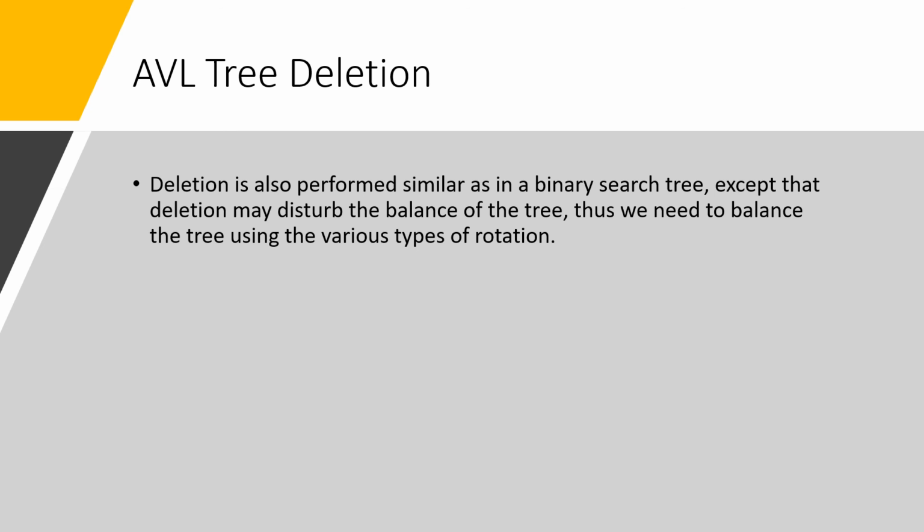We use rotations to balance the tree. The main difference between insertion and deletion is the insertion and deletion itself. After each insertion and deletion, we need to check if the tree is balanced, and we also need to balance it, which is the same in both. Both insertion and deletion are similar to a binary search tree.